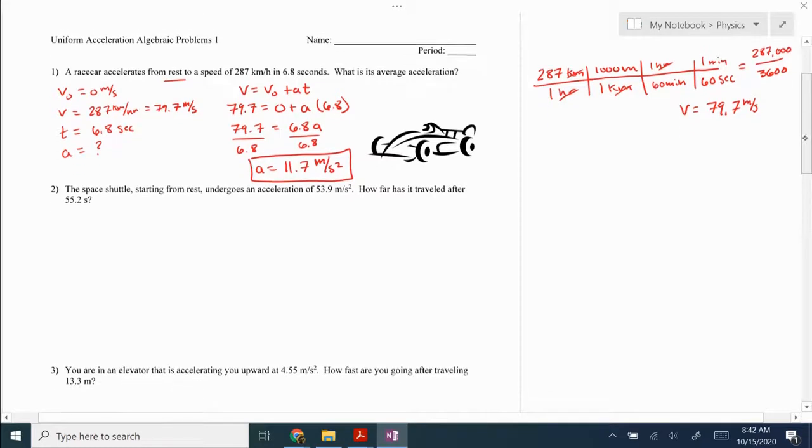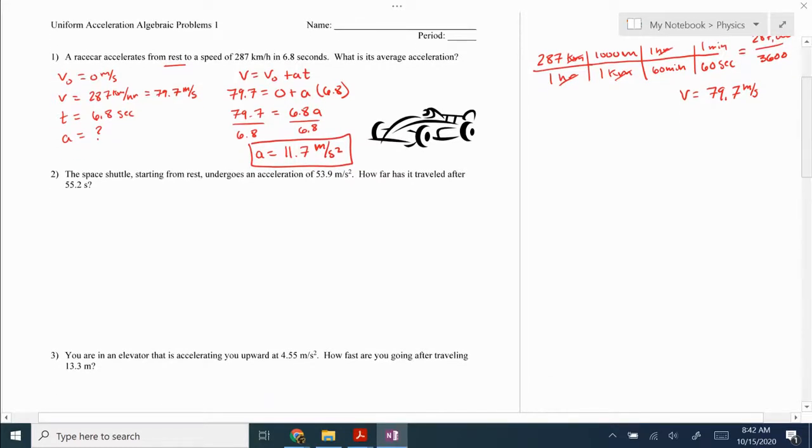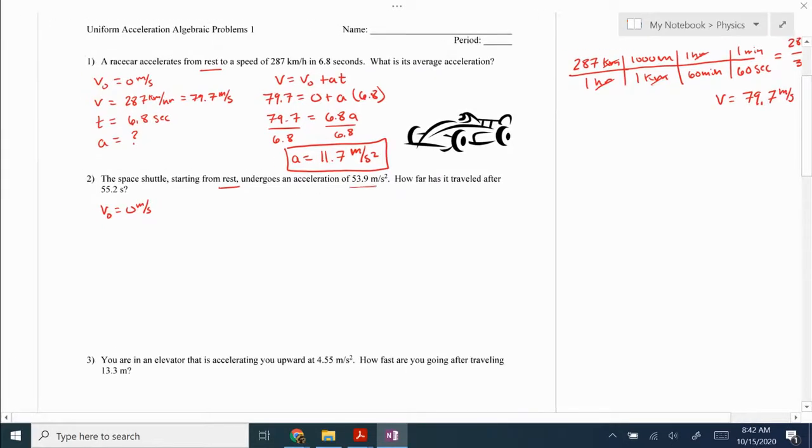All right. Next up, the space shuttle starting from rest. Okay, so starting from rest tells us that the initial velocity is 0. Undergoes an acceleration of 53.9, so a is equal to 53.9 meters per second squared. How far?